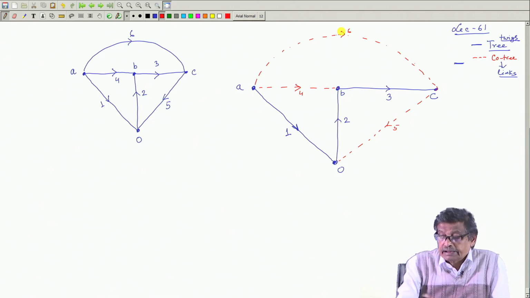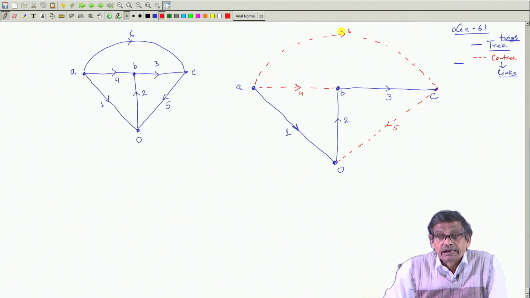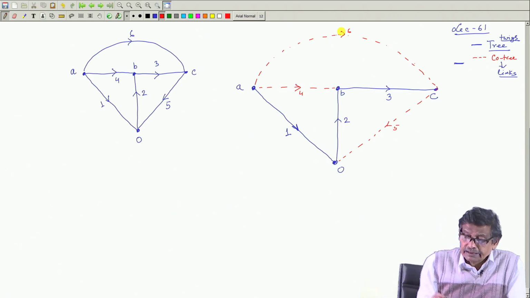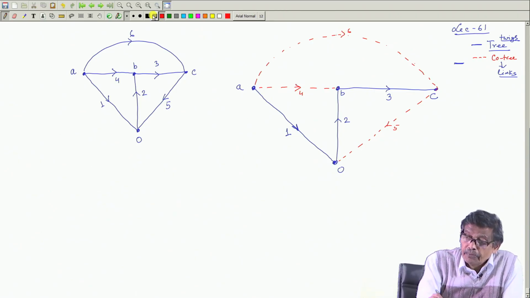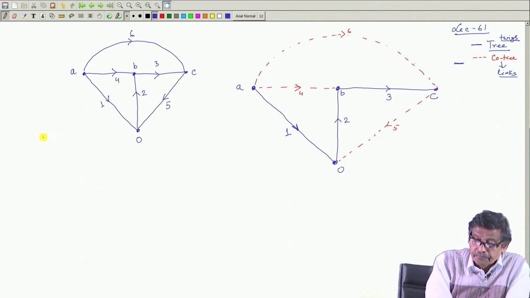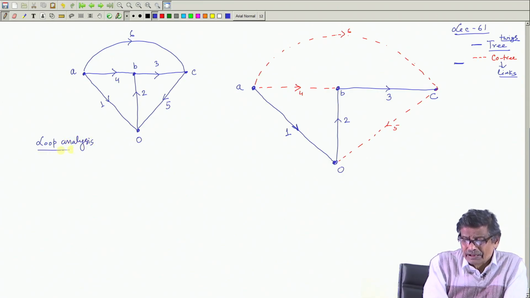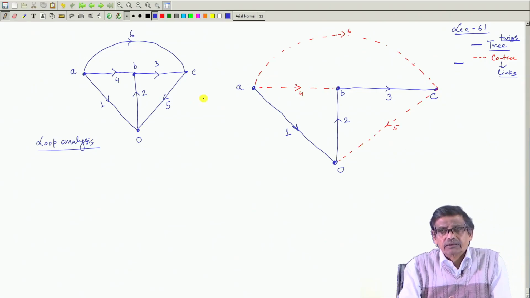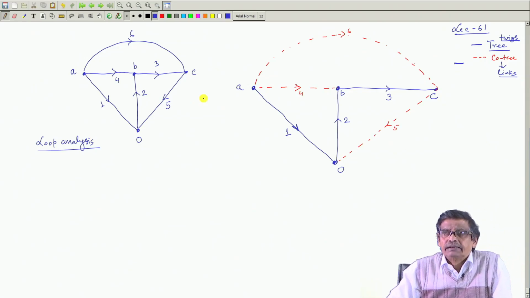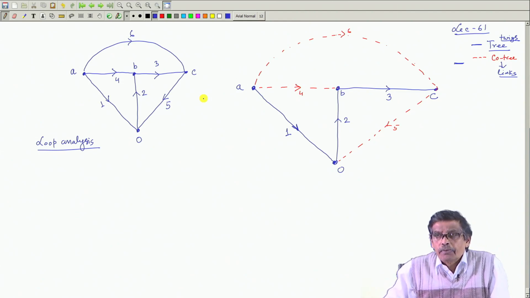So, this method of using co-tree and tree concepts to analyze a circuit is basically the loop analysis method. Suppose I did not know about graph theory, I would take several different loops, write down the KVL equations and try to solve the circuit. In fact, mesh analysis is a form of loop analysis only.